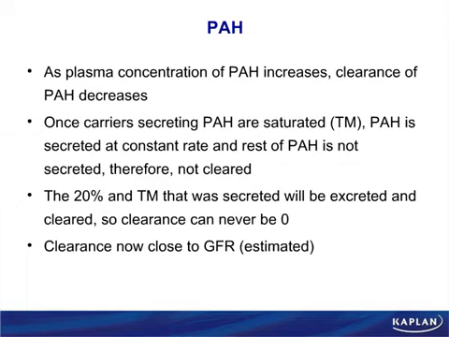As the plasma concentration of PAH increases, the clearance of PAH decreases. Once again, this is because the carriers that secrete PAH become saturated, they have a transport maximum, and once they reach transport maximum, PAH is secreted at a constant rate, and any PAH that is past that transport maximum is not secreted.